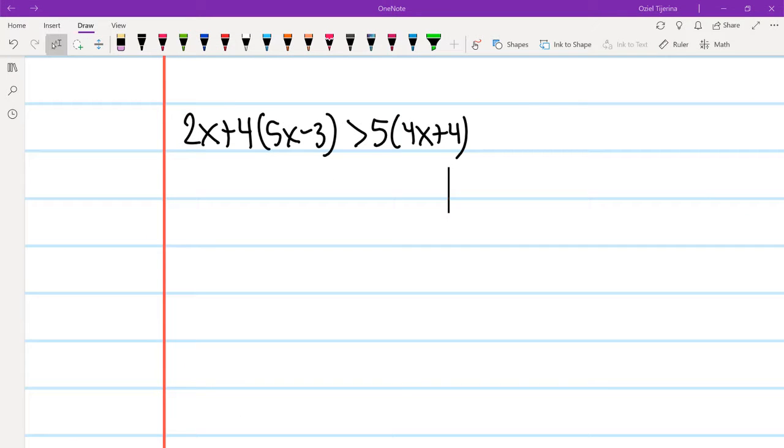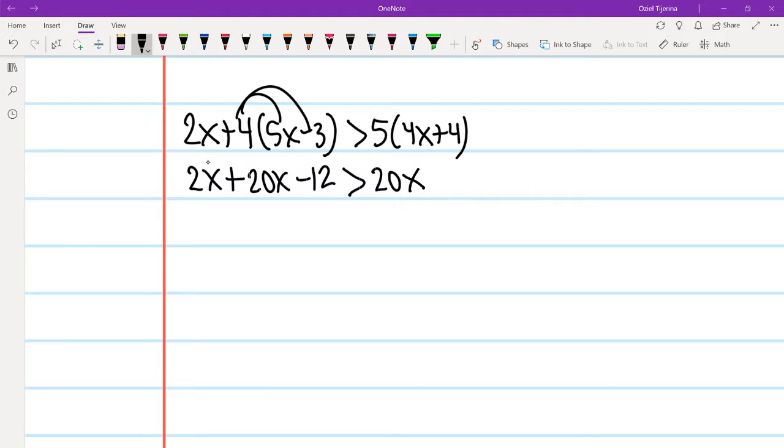You would distribute to get 2x plus 20x minus 12 is greater than 20x plus 20. Then you combine like terms: 22x minus 12 is greater than 20x plus 20.